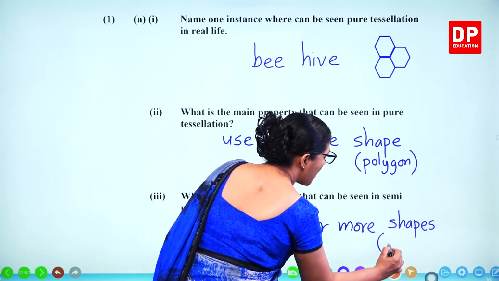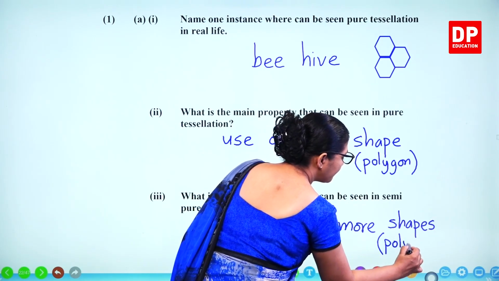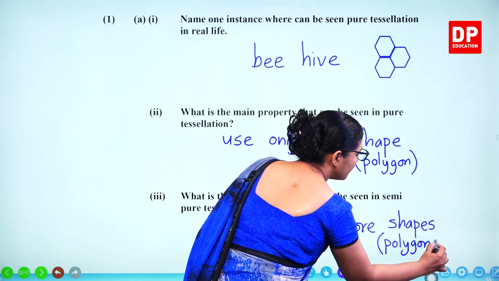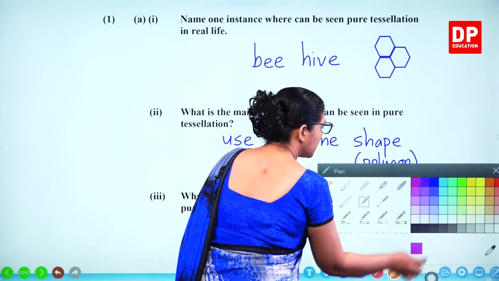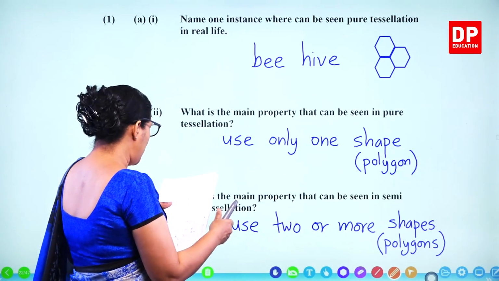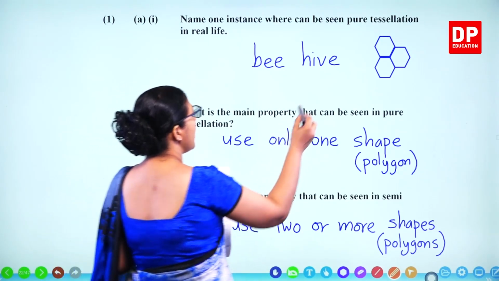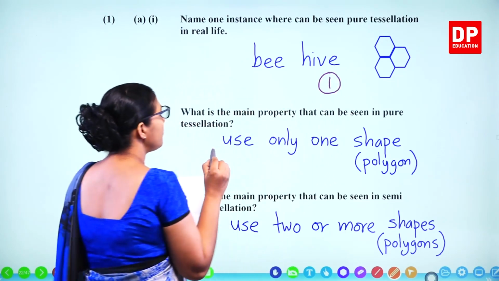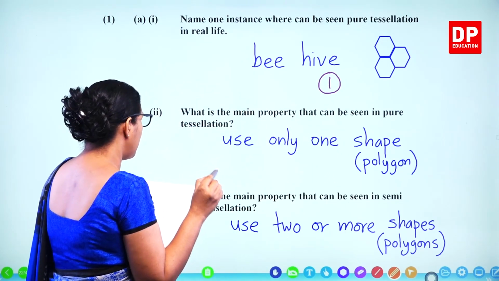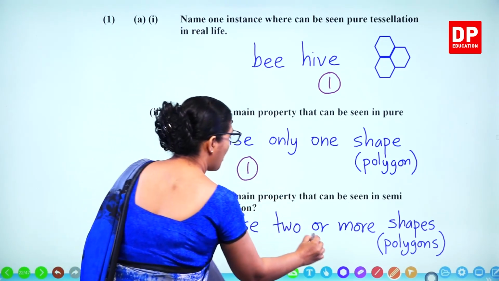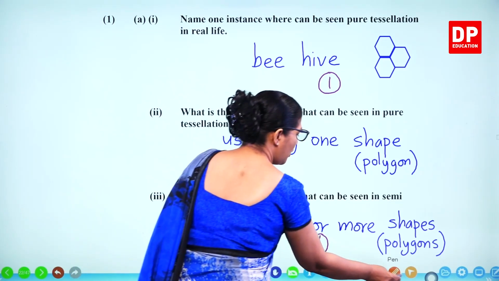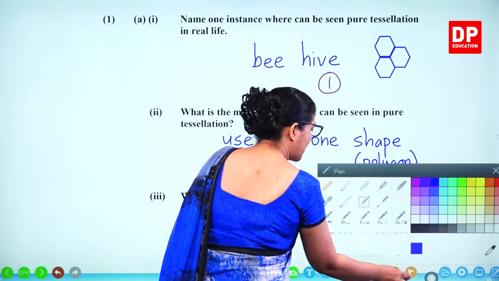Or you can say polygons. So how many marks for that? So you get 1 mark, and then 1 mark for this, and 1 mark here. 3 marks for these 3 parts.